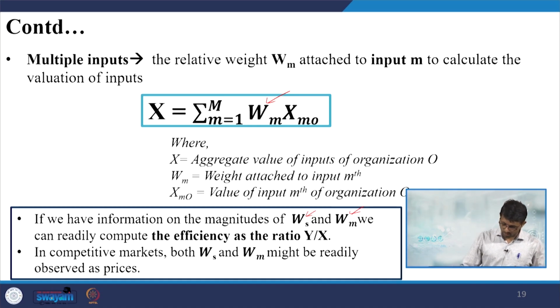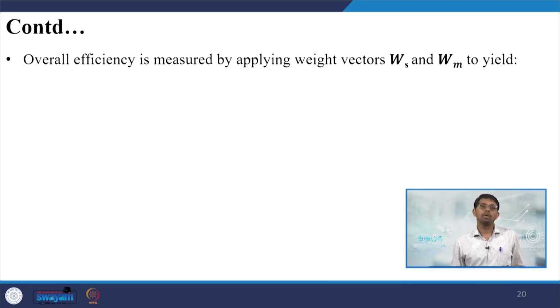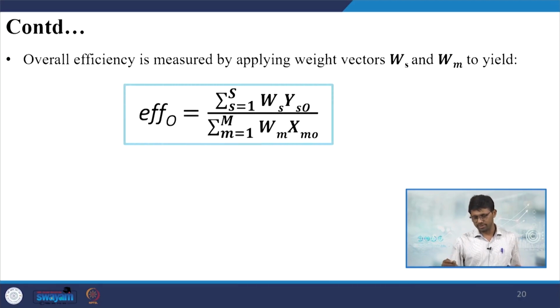In competitive markets, both Ws and Wm might be readily observed as prices. Overall efficiency is measured by applying weight factors, that is, Ws and Wm respectively for output and inputs, and hence the efficiency score is the output value to the input value after converting into an index.